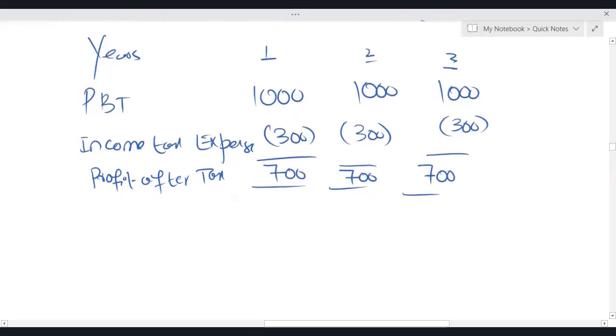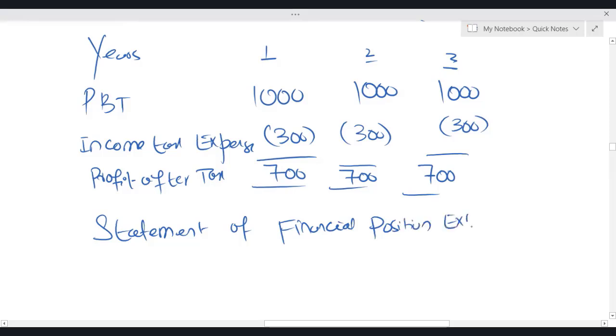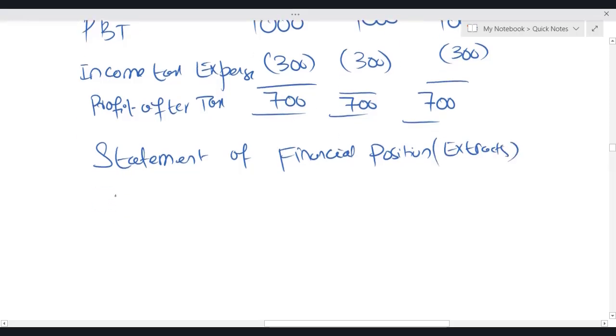Extracts of SOFP, statement of financial position extract, years 1, 2, and 3.